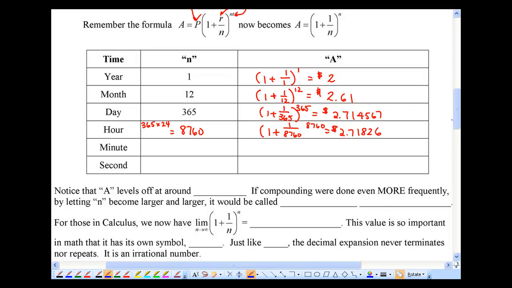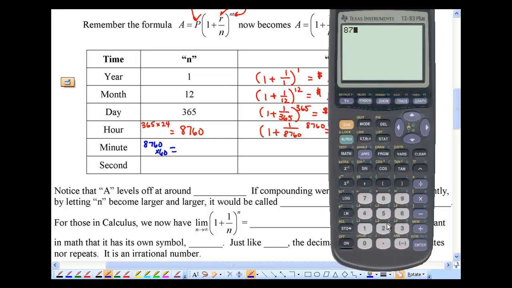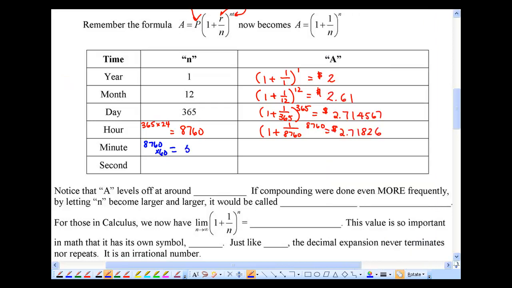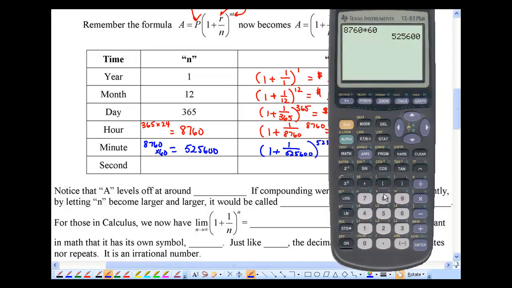Since in an hour there are 60 minutes, I'm going to take 8,760 times 60, and I get 525,600. So 1 plus 1 divided by 525,600, all raised to the power of 525,600.